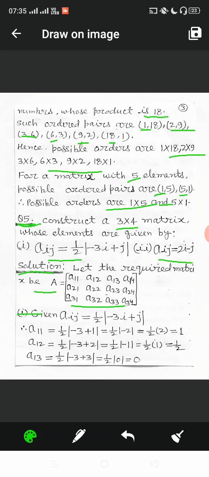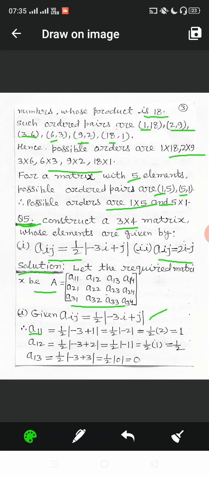First part: given aij equal to 1 by 2 into mod of minus 3i plus j. So, we find all the elements of matrix A. a11 equal to 1 by 2 into mod of minus 3i plus j, with i equal to 1, j equal to 1.